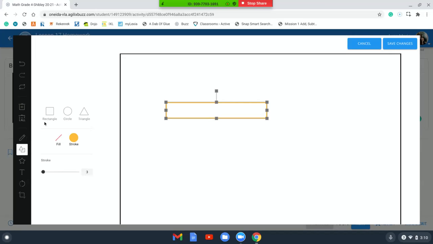Then I'm going to add another rectangle right near his, and it's going to be a little bit smaller because I know that Avery had 816 building blocks.